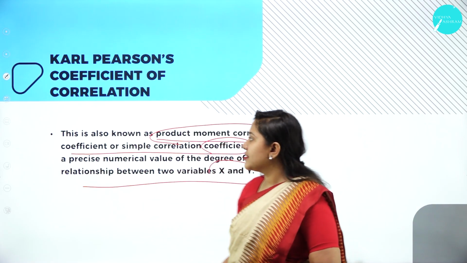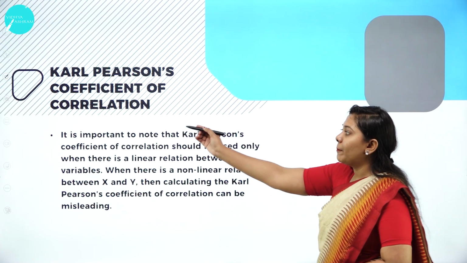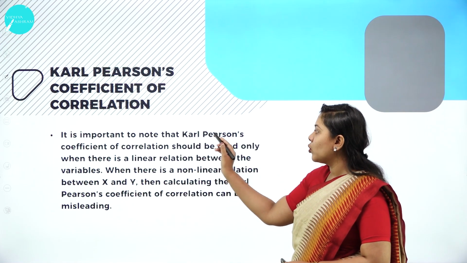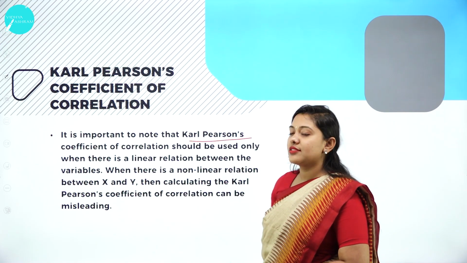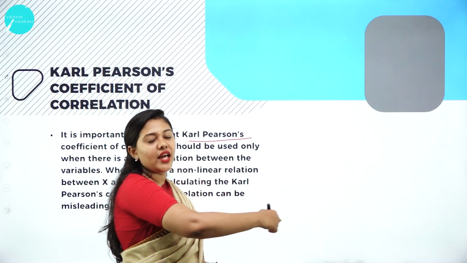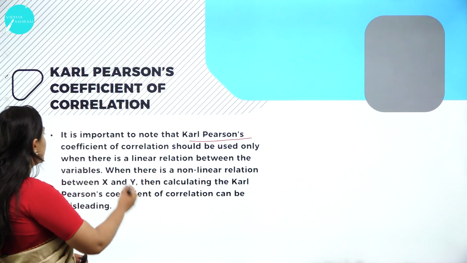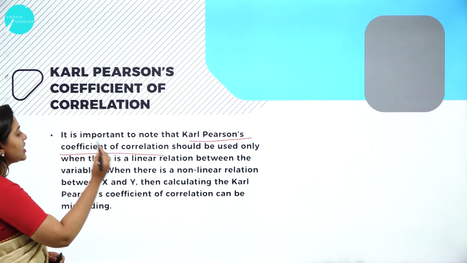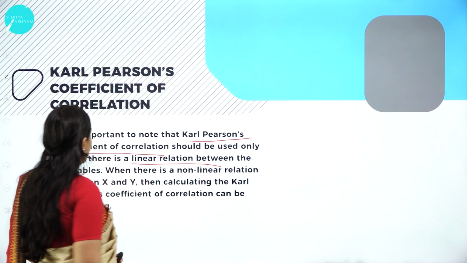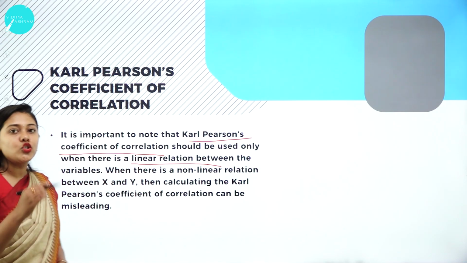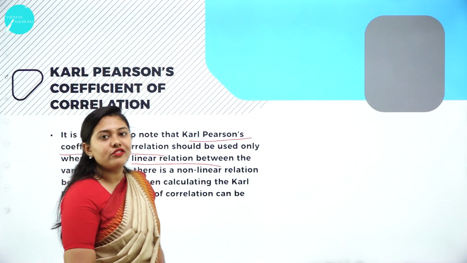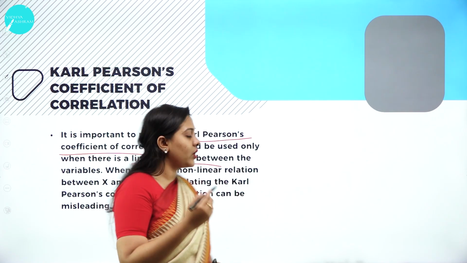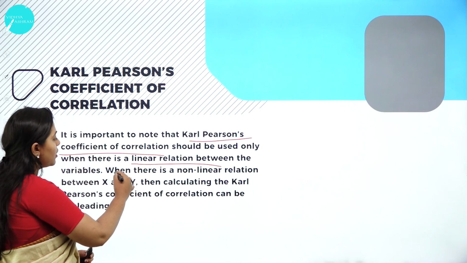Let us understand more about Karl Pearson's coefficient of correlation. It is important to know that Karl Pearson was a statistician and he gave the formula. The coefficient of correlation should be used only when there is a linear relationship between the variables.